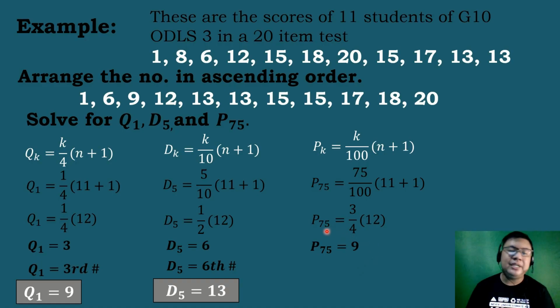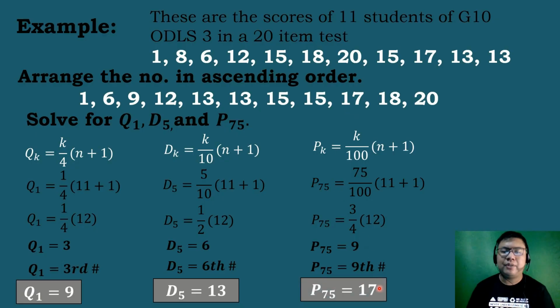This is already a whole number, so we are looking for the 9th number to get the value of P75. So we have first number, second, third, fourth, fifth, sixth, seventh, eighth, and the 9th number, which is equal to 17. P75 will be equal to 17.